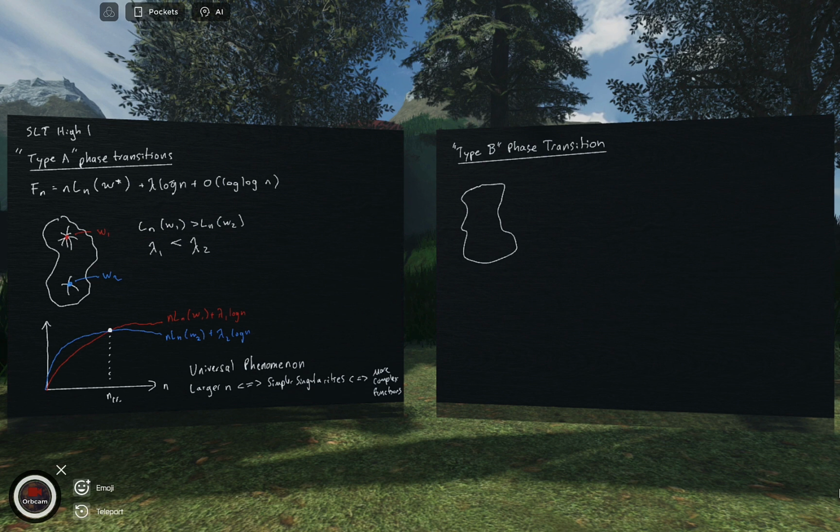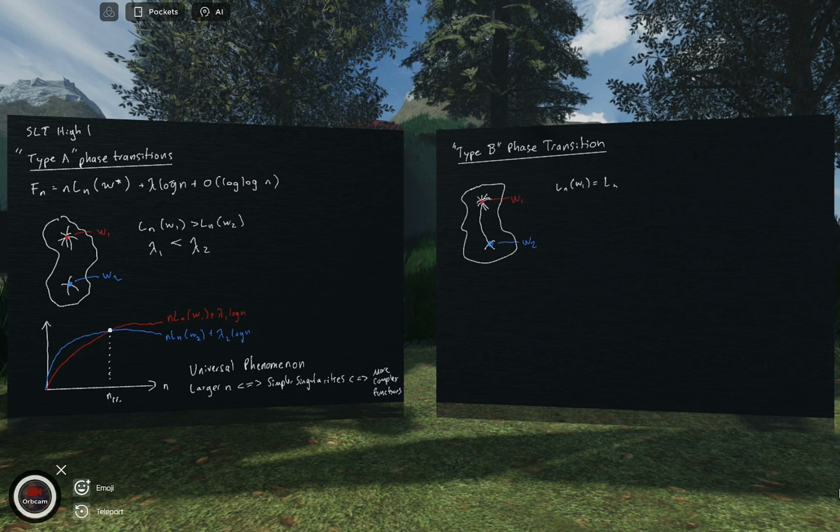And we're going to consider a different setup, a different collection of singularities. This time, they're on the same level set. So again, we have weight 1 as before, and weight 2. Now their losses are the same.